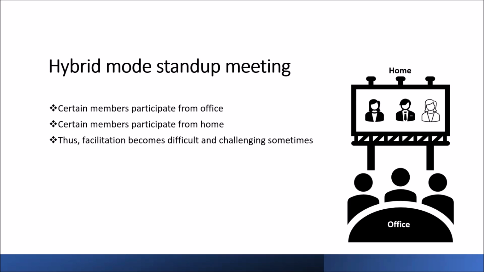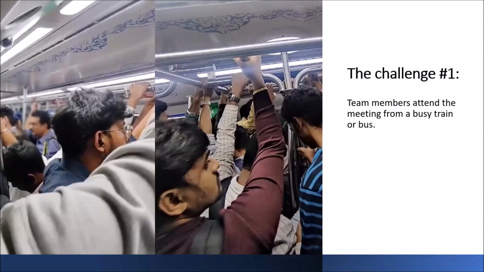So the Scrum Master needs to get prepared to resolve these challenges. Let us review one by one the challenges a Scrum Master or a team faces during the stand-up meeting. The first challenge is when you give a remote joining option, people mute their video and take the meeting from busy places like a busy train or a bus.